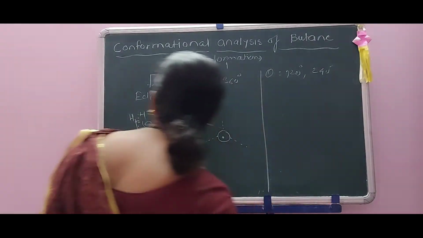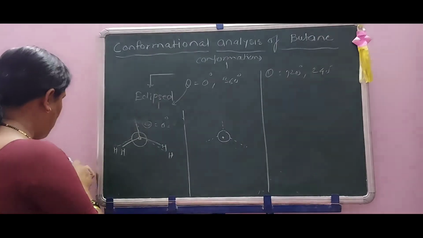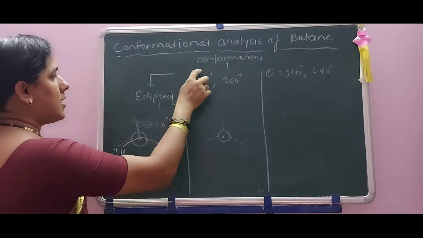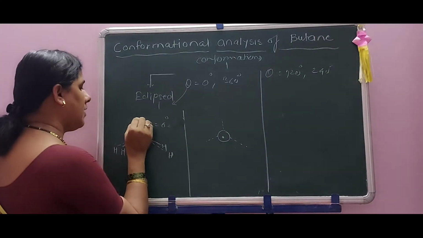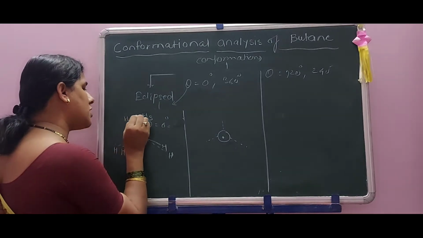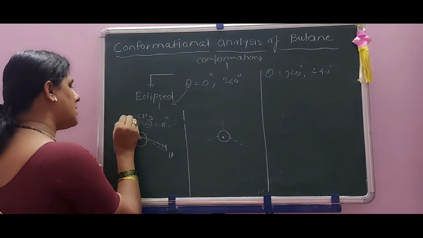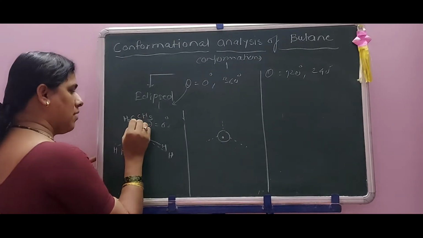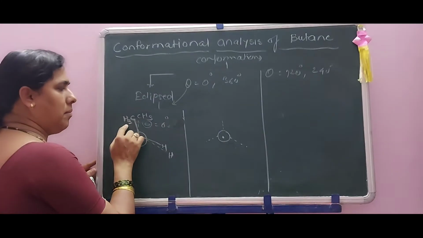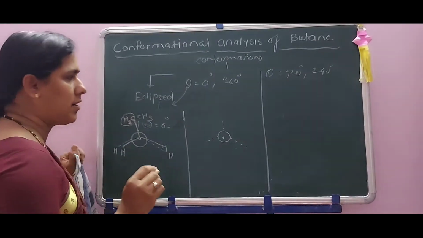Instead of this hydrogen, we have to keep on this a methyl group, here CH3 and here CH3. This CH3 is of the front carbon atom, and this is the rear carbon atom.